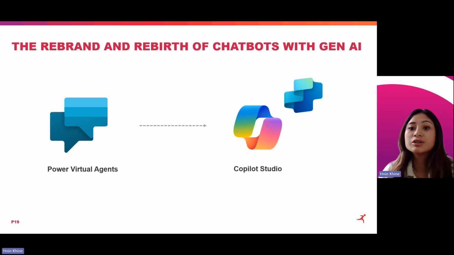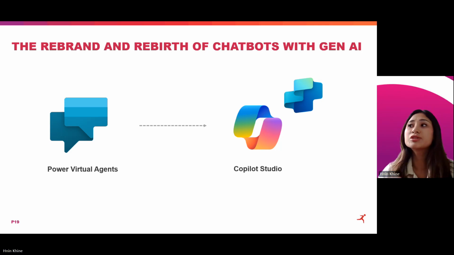So now Copilot Studio represents the integration of Gen AI, enabling chatbots to deliver more natural and context-aware bots, and it can also create more personalized responses to end users.